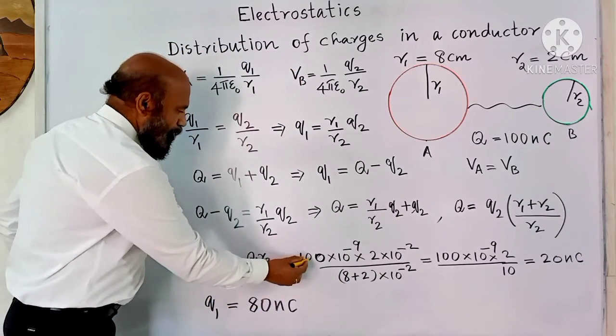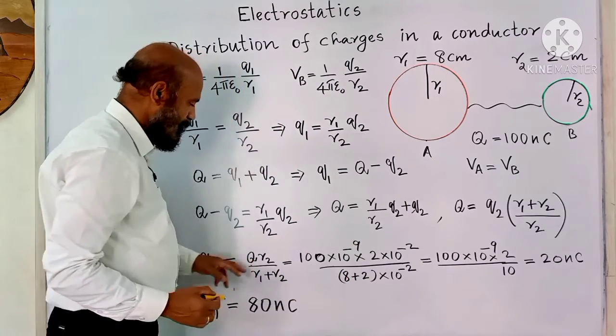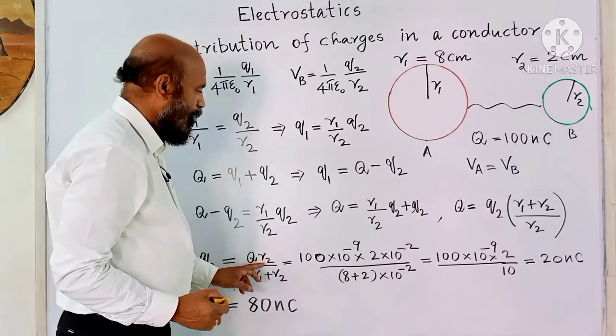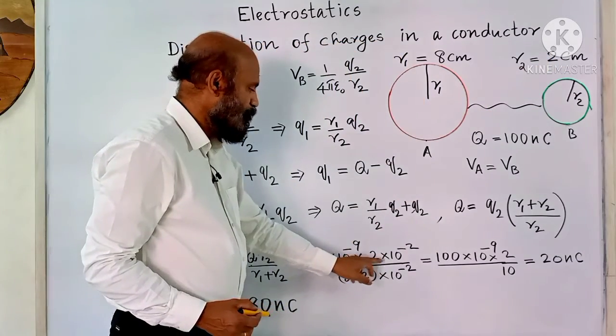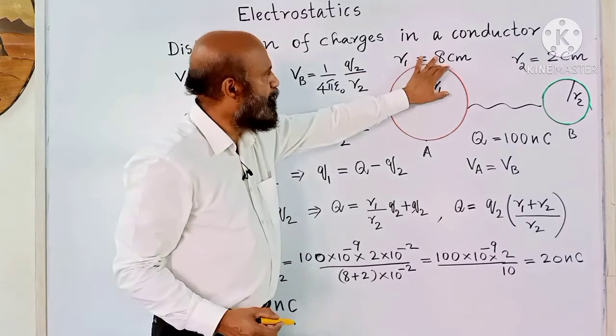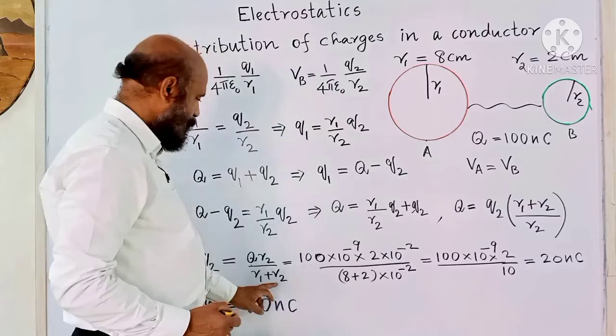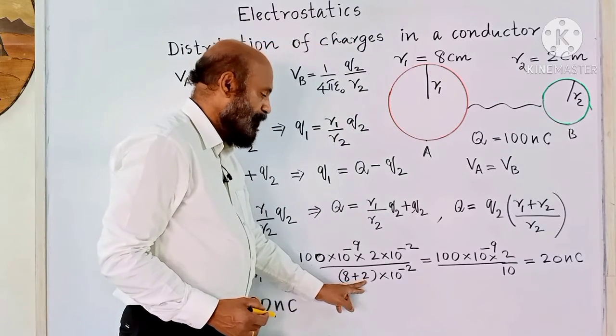Q is 100 nanocoulomb, so 100 into 10 raised to minus 9, into R2, the radius of the second sphere, 2 centimeter, so 10 raised to minus 2. R1 plus R2: radius of the first sphere 8 centimeter, radius of the second sphere 2 centimeter, so 8 plus 2, 10 centimeter.